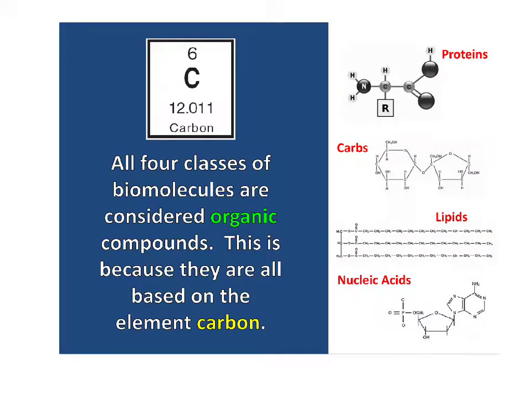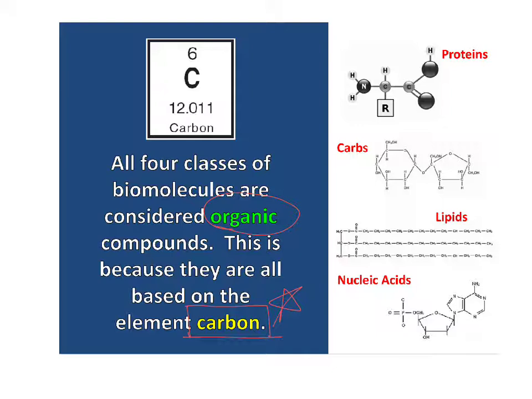All four classes of biomolecules are considered organic compounds. Now, we're not talking organic like when you go to the grocery store and you can buy organic fruits and vegetables. In science, organic means that they're based on the element carbon. This is a test question on STAR over and over every year.